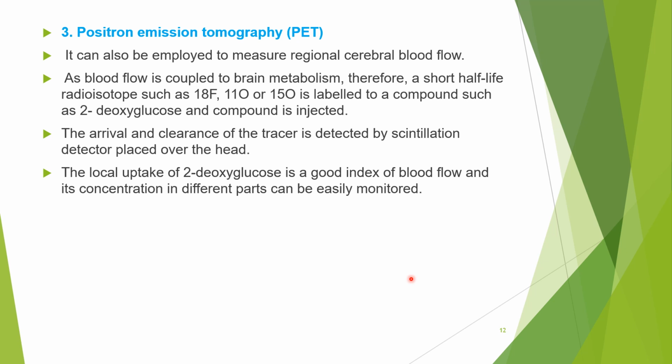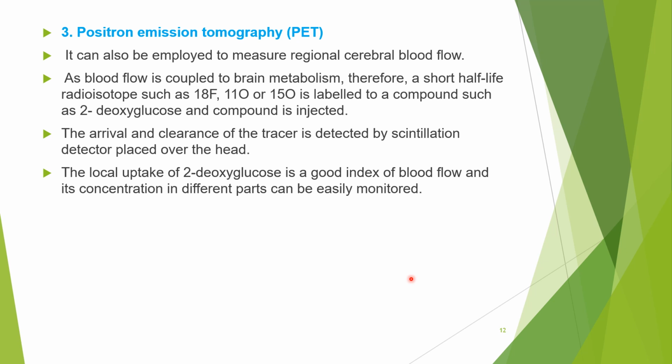So in this also we will place scintillation detectors over the cranium of the person, and they will receive the data from the cerebral arteries, how much of the amount is coming from the arteries and how much is leaving from the veins.